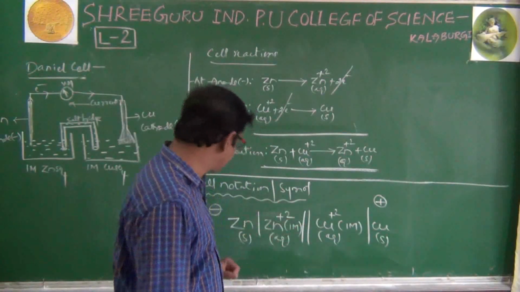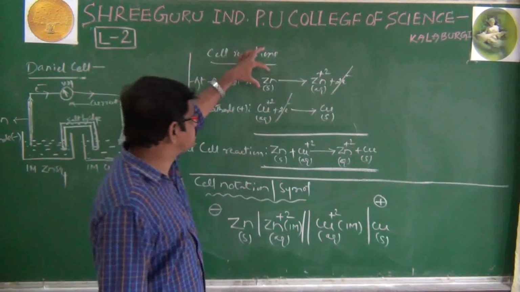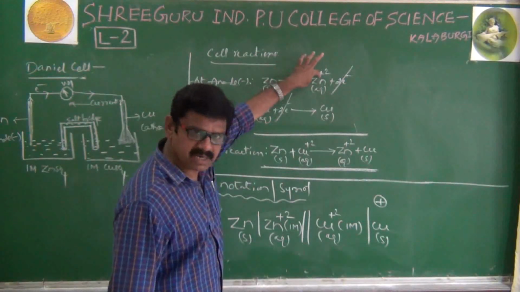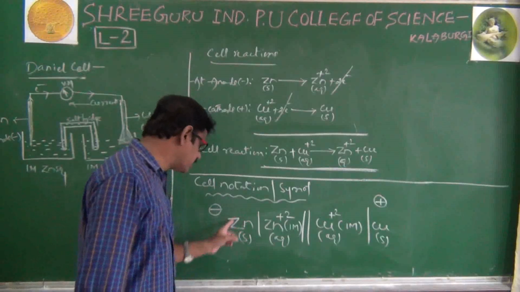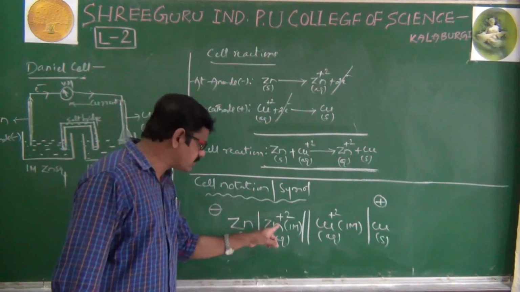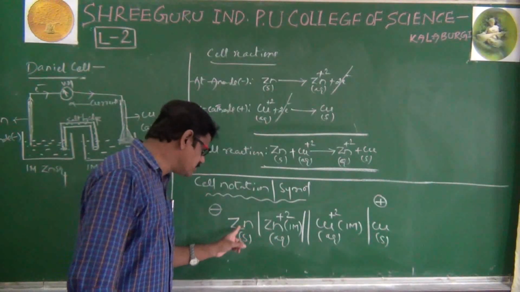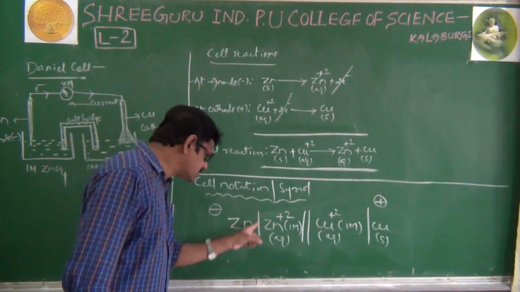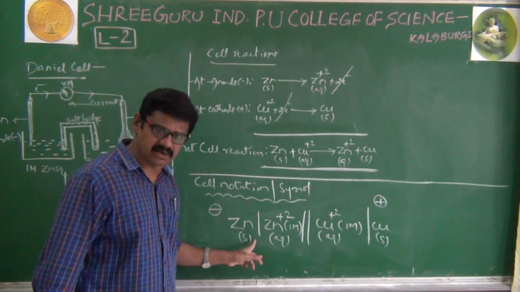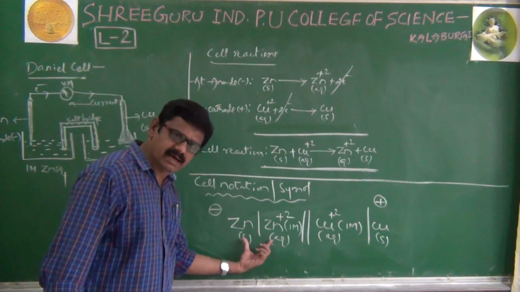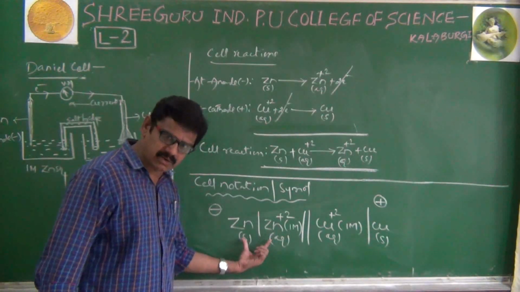Let's see that here. During oxidation, metal converts to metal ion. Here first we write the metal symbol, then the metal ion symbol. Both metal and metal ion are separated by one single vertical line. This is the symbol of oxidation, nothing but the anode.